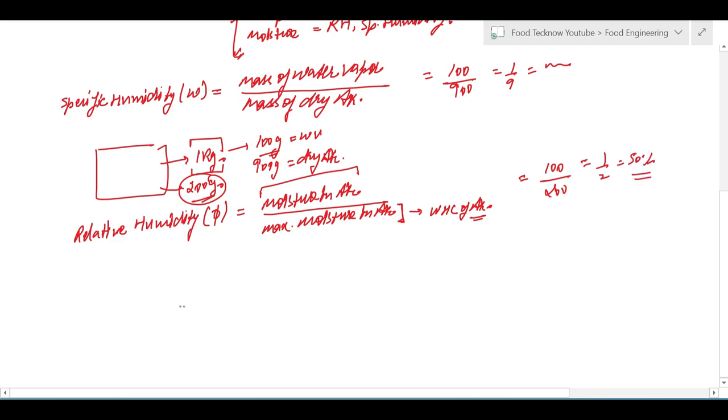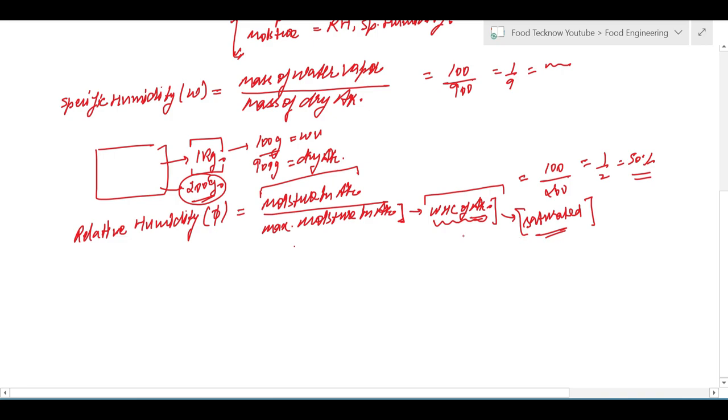Okay, and one more thing, that maximum moisture holding capacity or the water holding capacity of the air, it is when the air is saturated. तो जब भी कोई एयर सैचुरेटेड होती है तब उसी केस में उसकी जो वाटर होल्डिंग कैपेसिटी होती है वो मैक्सिमम होती है. तो ये चीज़ आपको याद रखनी है.